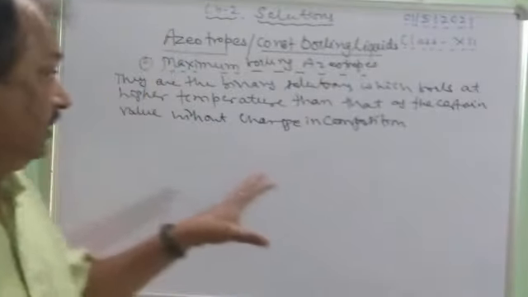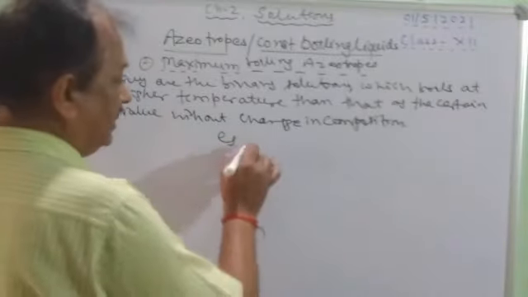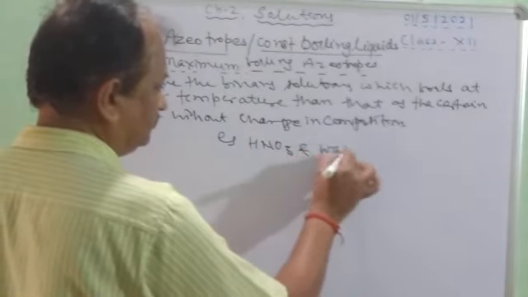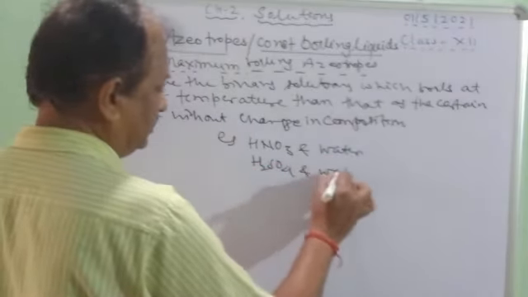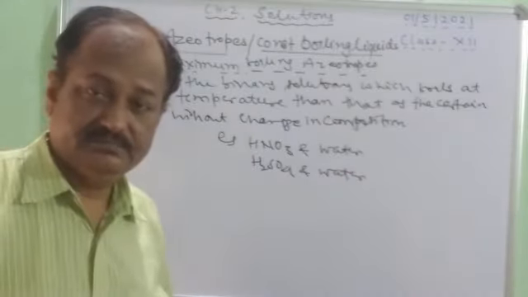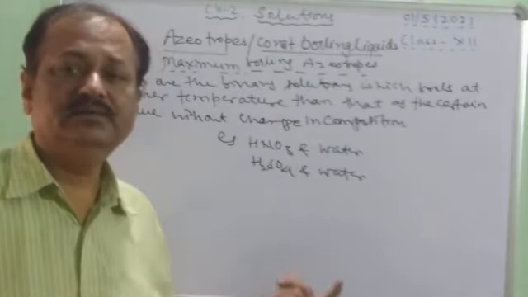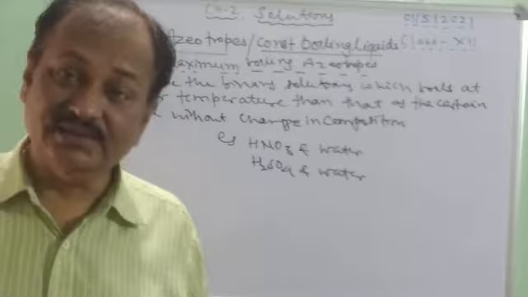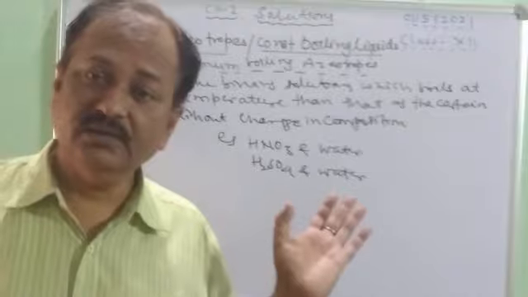For example, there are several examples like HNO3 and water, H2SO4 and water. They exhibit the maximum boiling nature. In the case of minimum boiling, they undergo vaporization easily; they exhibit vapor pressure easily at low temperature, that's why they boil at low temperature.